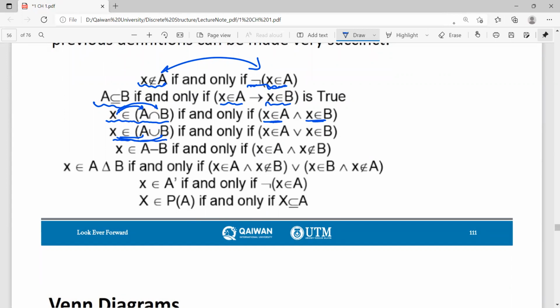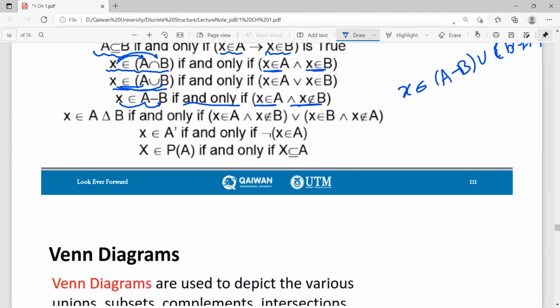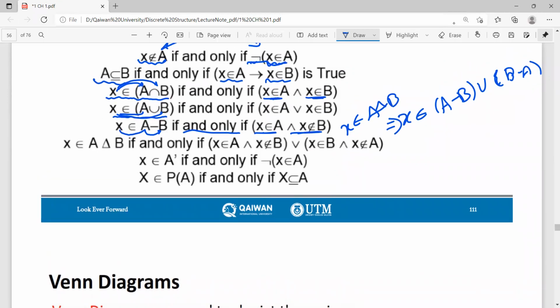X is in A difference B means X is in A but not in B, if and only if X is in A and X is not in B. If X is an element of A delta B, it means X is in A and not in B, or X is in B and not in A. That means X is in A minus B union B minus A.